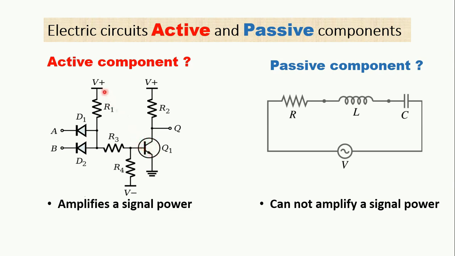In fact, it is operated by this voltage. It needs power, it needs energy to operate. And the amplification that happened from the input point here to the output point here was done by the energy supplied through this voltage source. So it has used the energy from a real active source to amplify a signal.